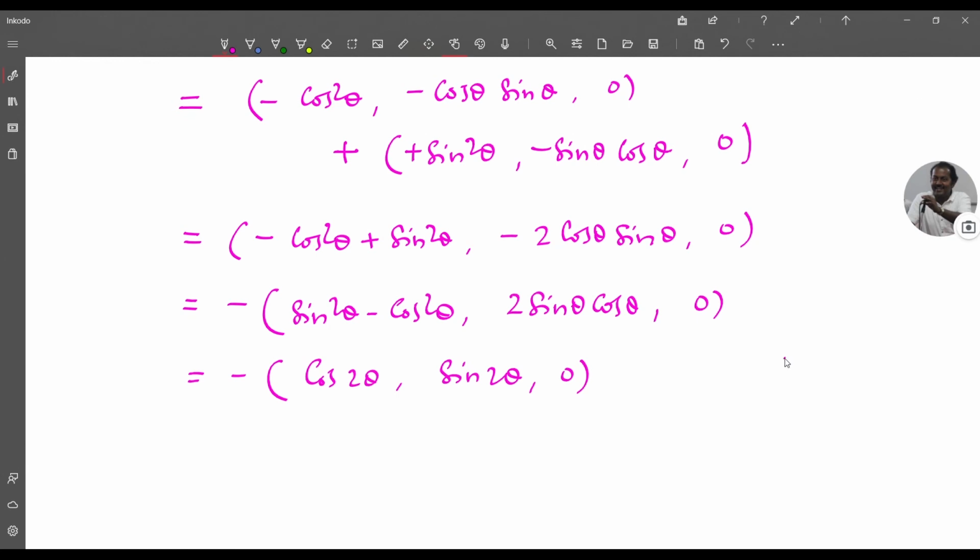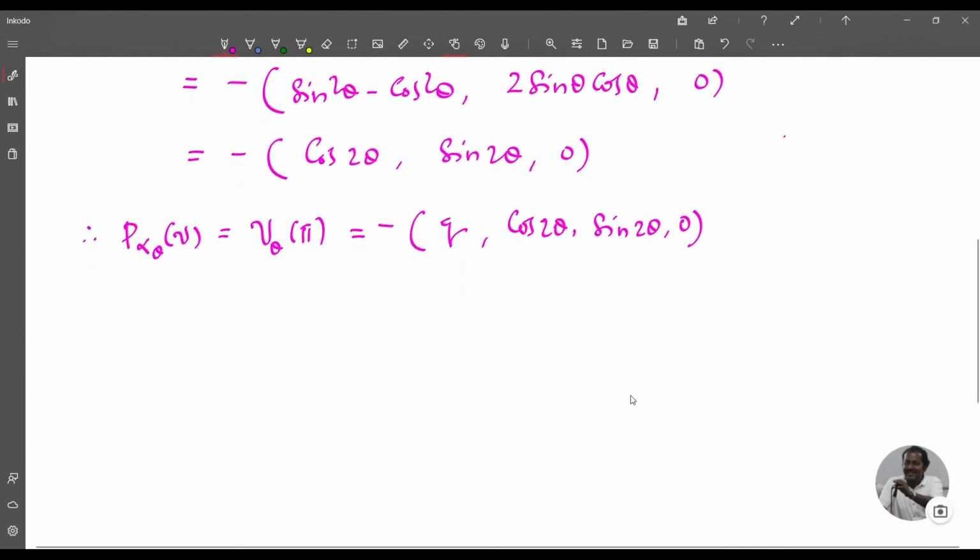Therefore, P alpha theta of V is actually V theta of pi. So it is the vector acting at Q given by, so you may write negative outside, cos 2 theta, sin 2 theta, 0.